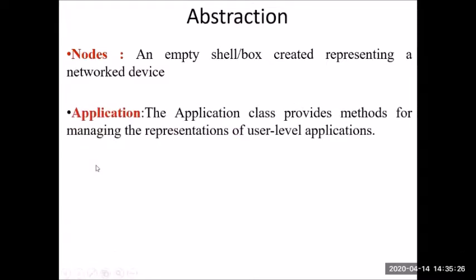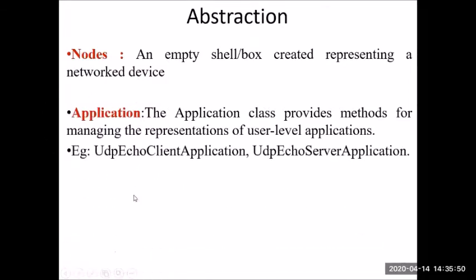Next is application. The application class provides methods for managing any user level application. A TCP application, say a browsing application, I want to create a browser, or I want to create a file transfer application. For any application, I'm going to make use of this application class.